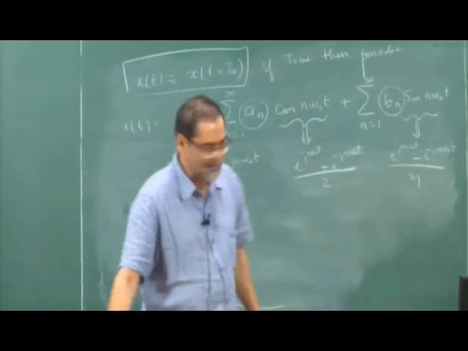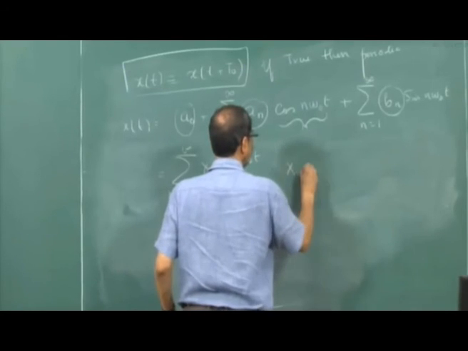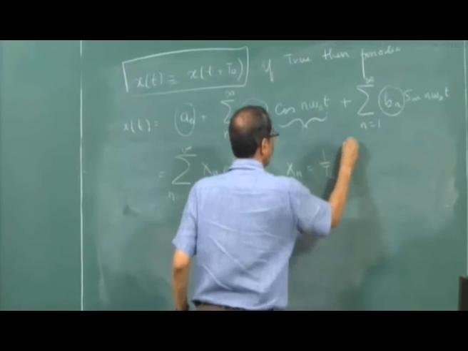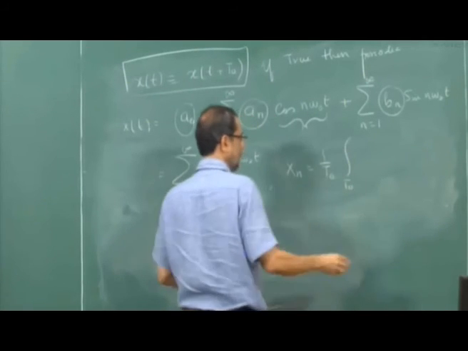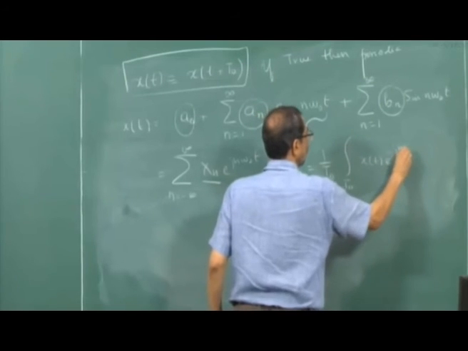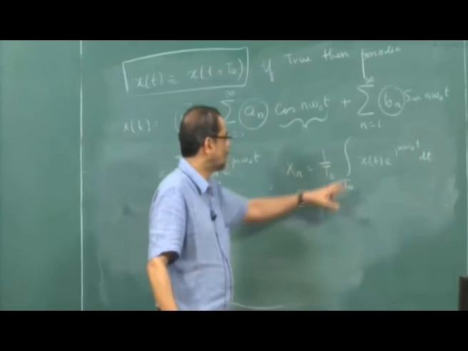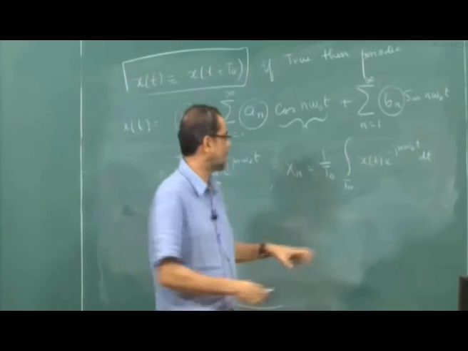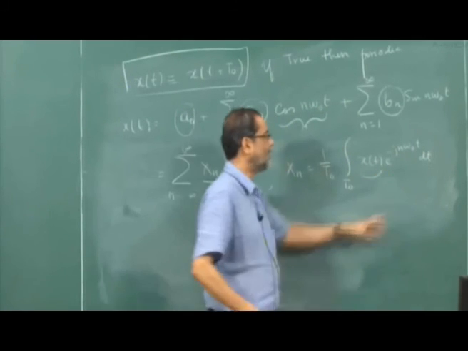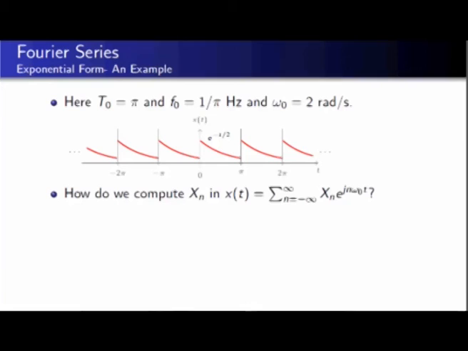So I know that xn is 1 by t naught integral over any one period t naught of x of t e raised to minus j n omega naught t dt. This is the definition, right? So you take one period, substitute x of t for that and carry out the integration, which is what I'm going to do next, right?